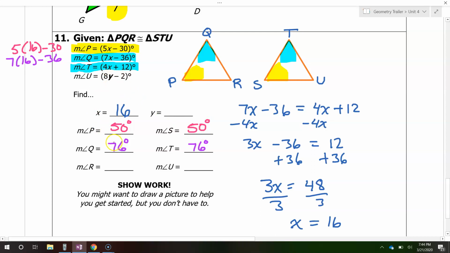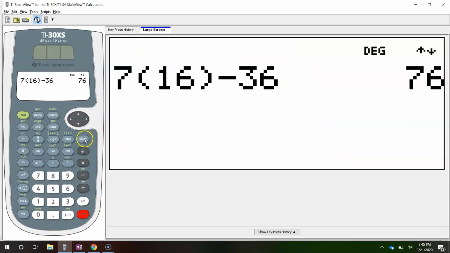Okay, well, how am I going to find angle R or angle U? Well, if we have two angles of a triangle, we should be able to find the third angle. So we have the 50 and the 76. These three angles have to add up to 180. So let's just subtract from 180.